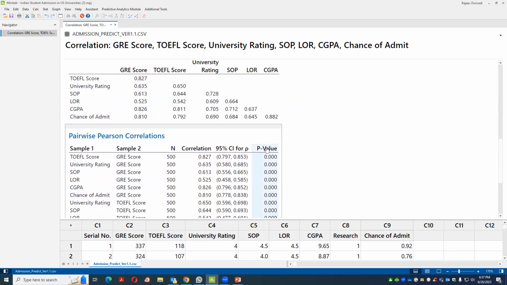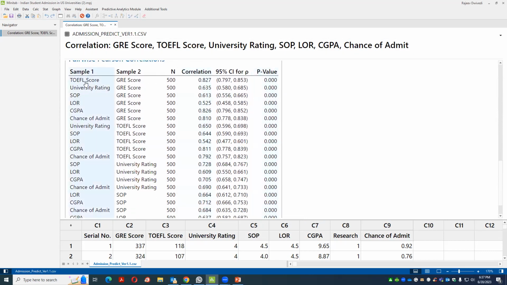So here you go. This is sample 1 and sample 2, and you can clearly see the correlation is 0.827, which is 82.7%, a very high correlation between TOEFL and GRE score.